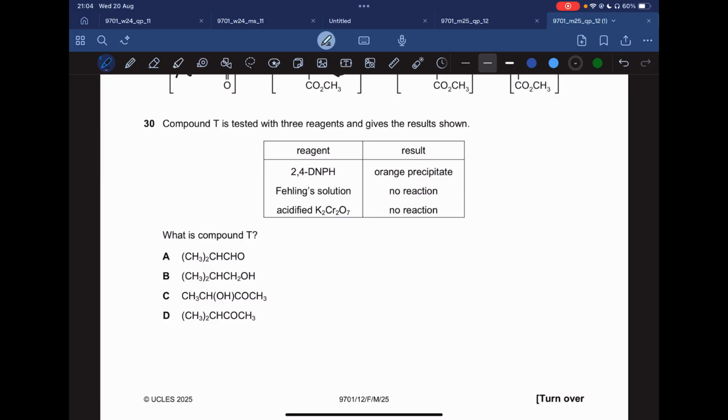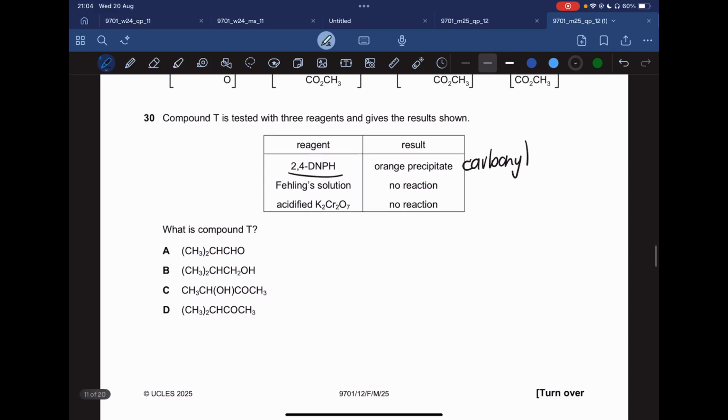Compound T is tested with 3 reactions. It gives the results as shown. Remember 2,4-DNPH. We're looking at carbonyl compounds, so ketones or aldehydes. No reactions with either of those, so we're looking at a ketone.